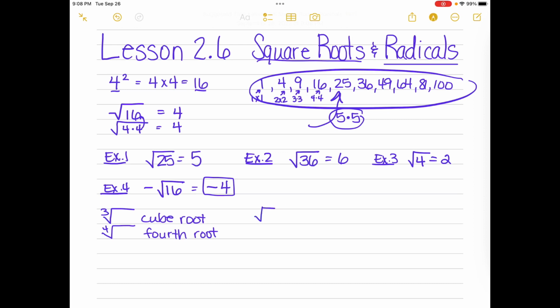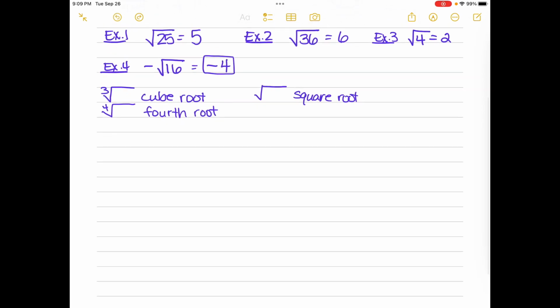A square root is actually, you could have a little 2 right here, but it's just implied that there's a 2 there. Square roots mean that you're working with squares that have the 2 in them. If we look at example 5, we're going to talk about a cube root on this one.